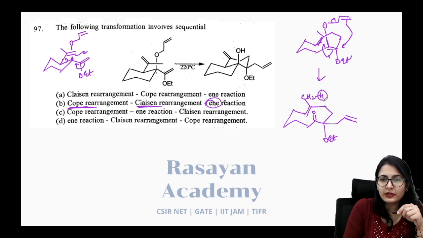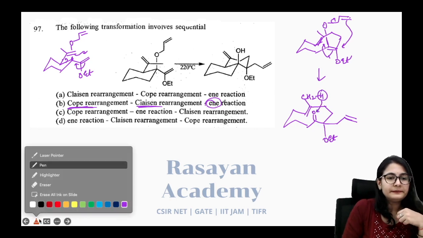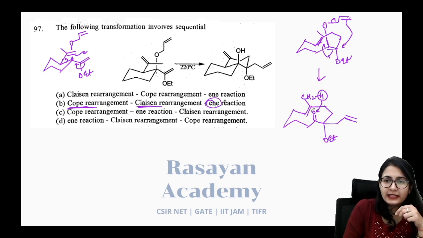The hydrogen will transfer onto this oxygen and let's say, yes, how does the ene reaction work? This bond, carbonyl carbon and this oxygen is going to take this. Let's say this is the direction.